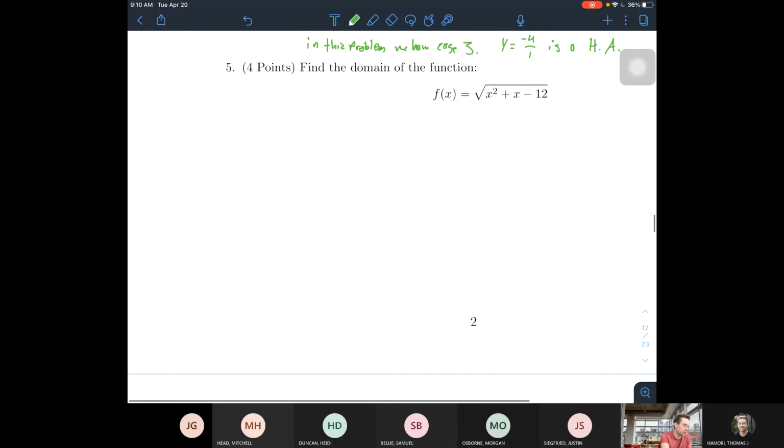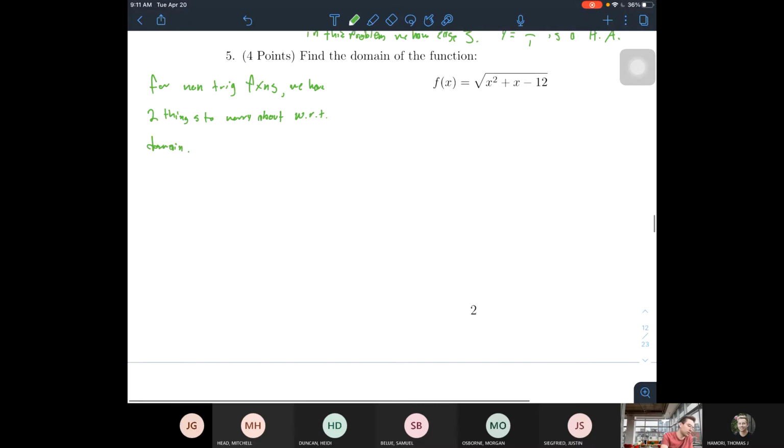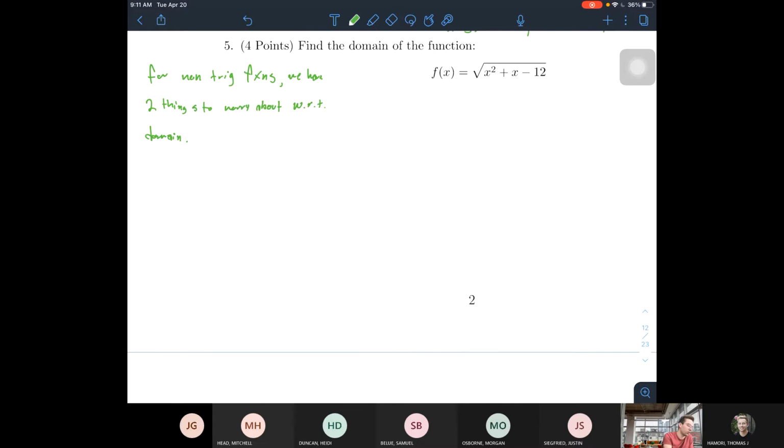For non-trig functions, we had two things to worry about with respect to the domain, two rules which we have to satisfy.